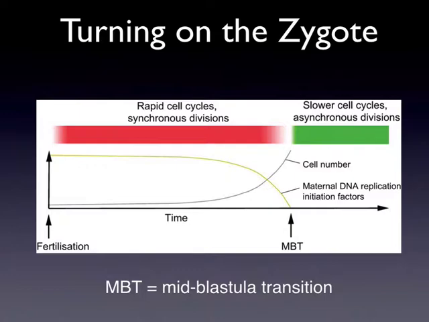All right, and we've talked about the idea that early on it's all maternal effects, and that the zygotic genome is not even active. And I have mentioned to you in class before this idea of the mid-blastula transition, which is that time when the zygotic genome gets turned on. There's another name for this. So we've got the mid-blastula transition, the MBT.